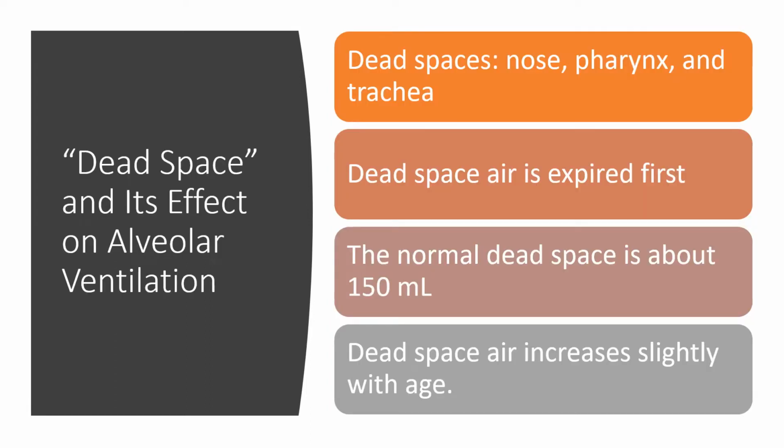Some of the air a person breathes never reaches the gas exchange areas, but simply fills respiratory passages where gas exchange does not occur, such as the nose, the pharynx, and trachea. This air is called dead space air because it is not useful for gas exchange. And the part of the respiratory passages not involved in gas exchange is called the anatomical dead space.